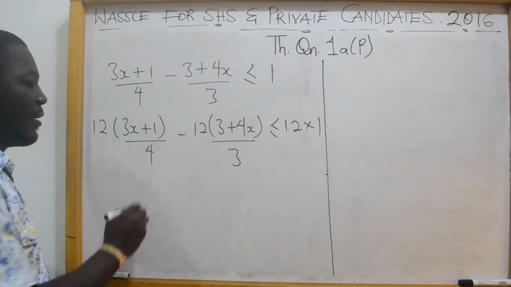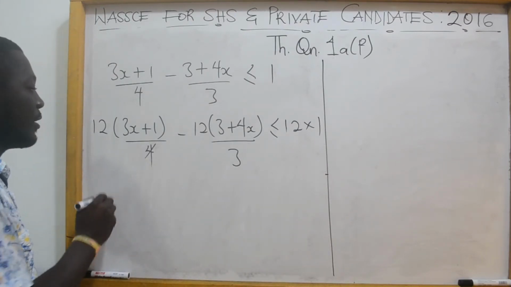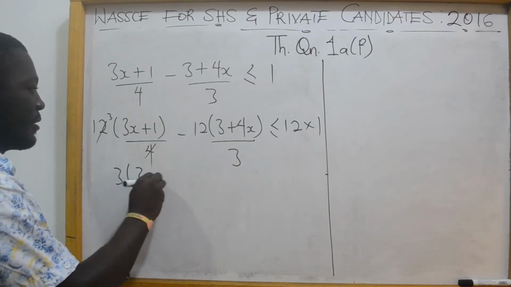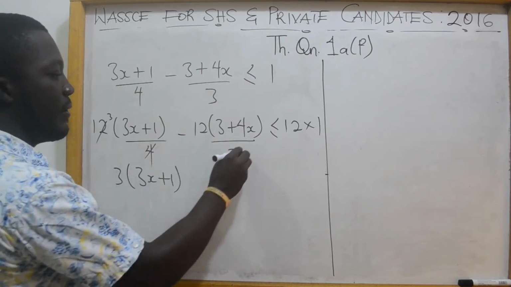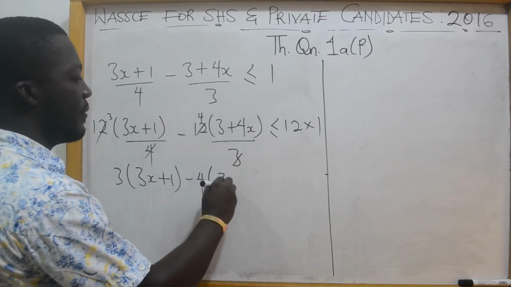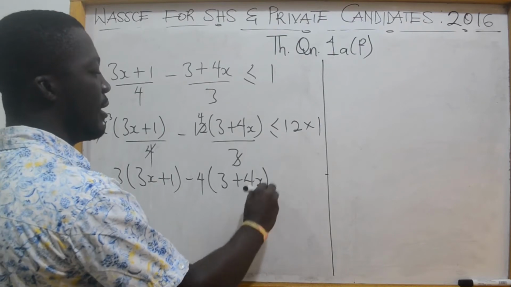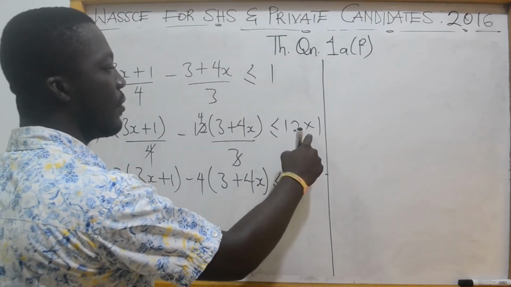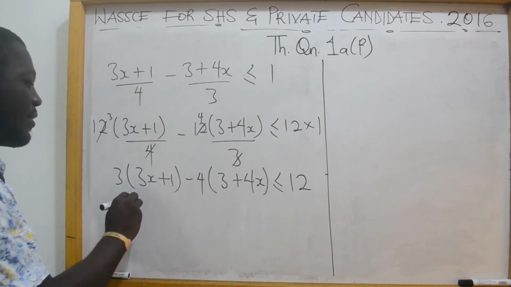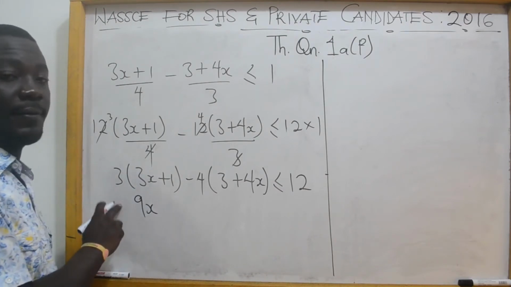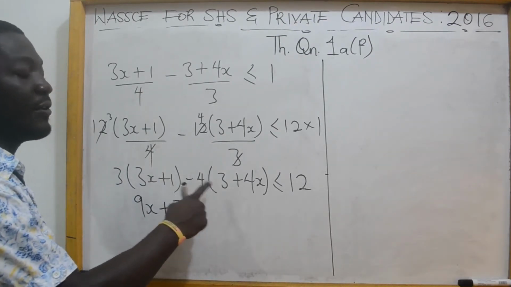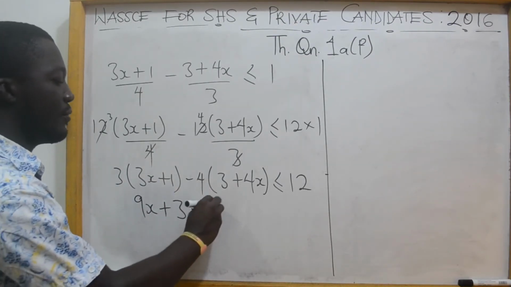Now cancellation. 4 into 12 is 3. We have 3 into bracket 3x plus 1. Then 3 into 12 is 4. So minus 4 into bracket 3 plus 4x is less or equal to 12 times 1 is 12. 3 times 3x will give us 9x. 3 times 1 plus 3, then negative 4 times 3 will be minus 12.